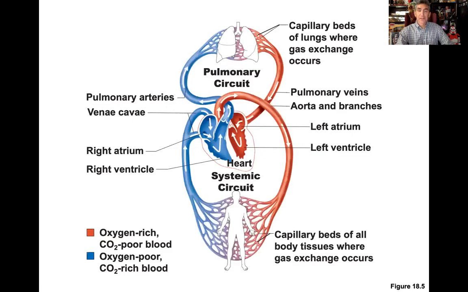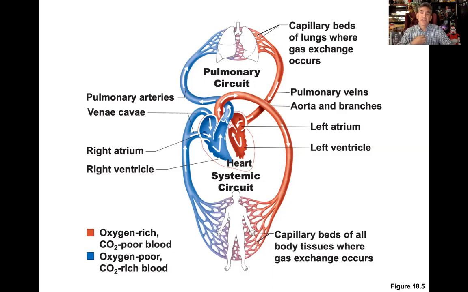So again, the colors here are going to signify the amount of oxygen present in the blood. So if we have blue, that indicates oxygen poor blood, carbon dioxide rich blood. Red, oxygen rich blood, carbon dioxide poor blood. So where would we expect to find oxygen rich blood? We find that in the systemic circuit. The heart's not going to want to send low oxygenated blood to the rest of the body.